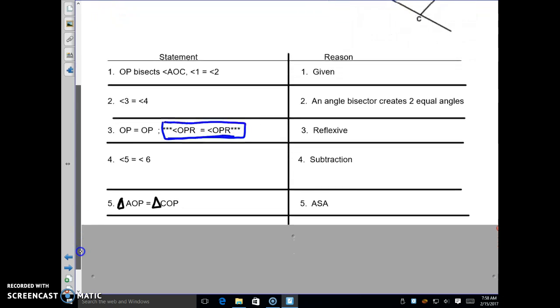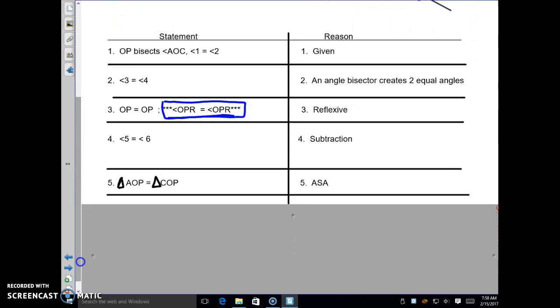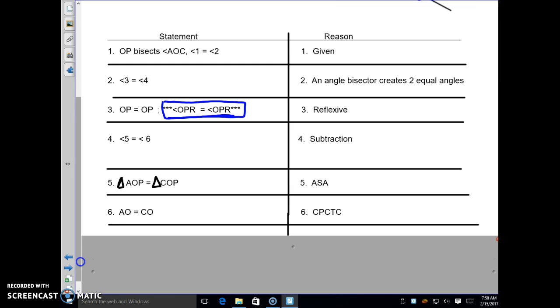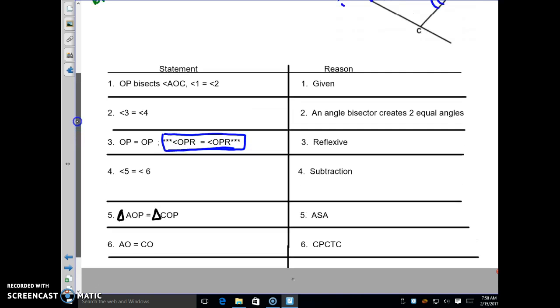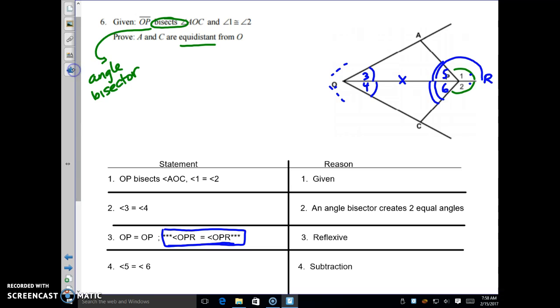The last part of this is line segment AO equals CO by corresponding parts. Now, if you look at your picture, AO equals CO, that's right here and right here. Those are the corresponding parts.